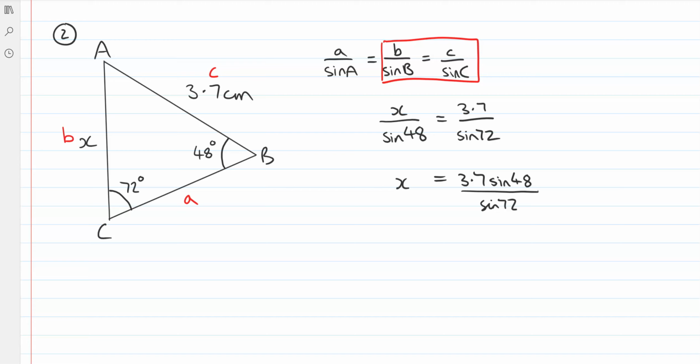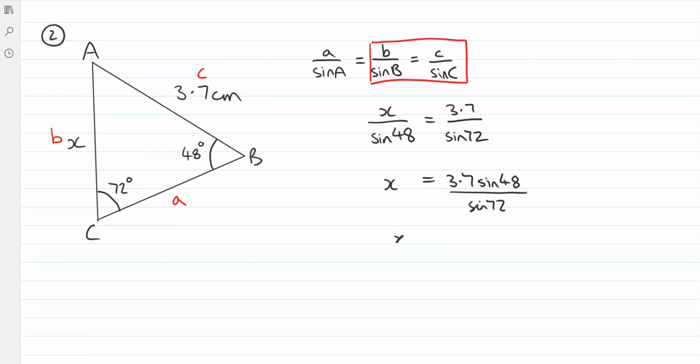Get your calculator out. 3.7 sine 48 divided by sine 72, and you get 2.891, etc. So here x will be 2.89. Again, we're working in centimeters, and 3 significant figures is the degree of accuracy. That's question 2.